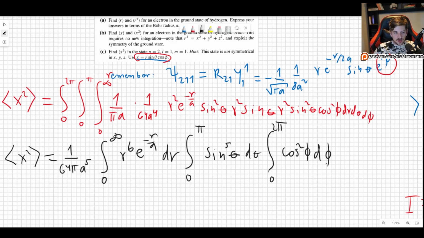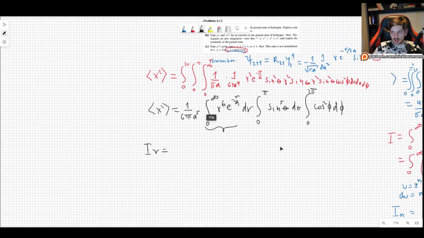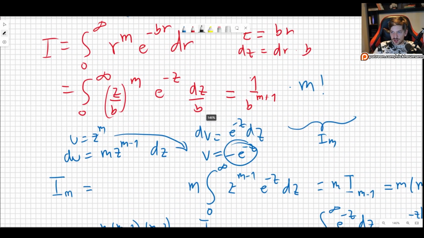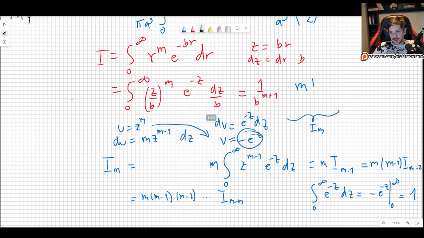So here what we want to do is integrate each one of them separately. So this one, let's call it I_R. That is easy. We already know how to solve it, right? We already saw the formula for it. The formula is 1 over b to the m plus 1 times m factorial.